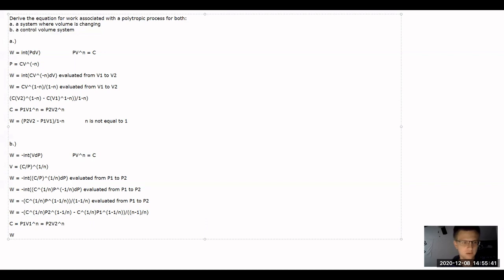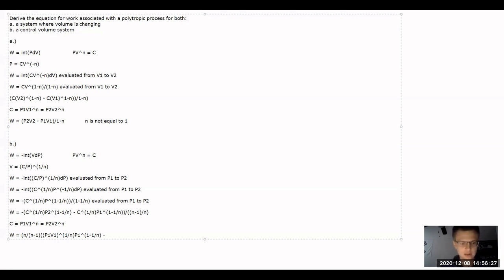And once again, knowing the values for our constant term here, we can plug them into our work equation, and I'm going to incorporate the negative sign as well as move the denominator to the numerator and flip it over. So we have n over n minus 1 times the quantity. C at pressure at point 1 is going to be P1 V1 raised to the 1 over n, and then we are going to multiply that by P1 to the 1 minus 1 over n.